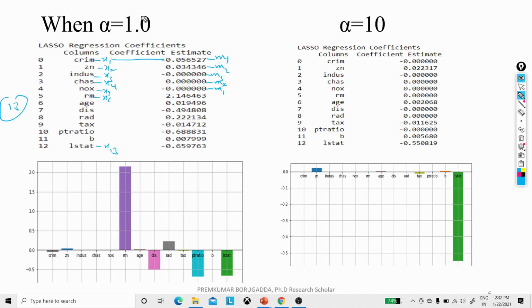These are the coefficient values: above 0 they are positive, below 0 they are negative.